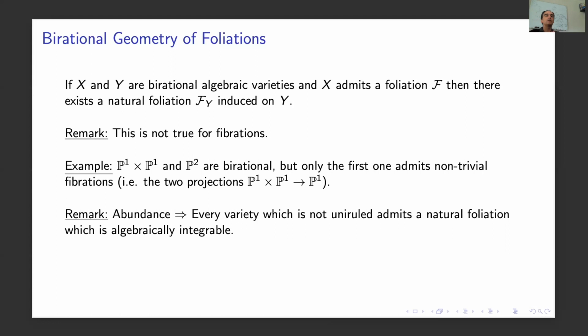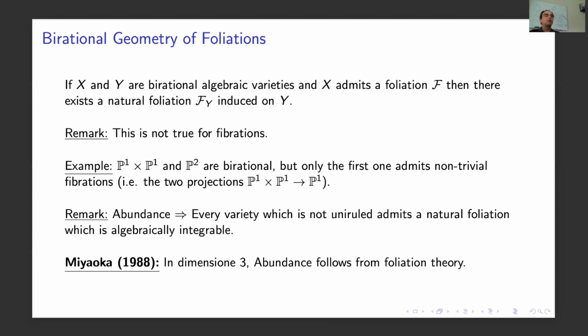Many open questions still need to be solved, but assuming that the conjecture is true, then we obtain this. The target variety admits a fibration, so in particular admits a foliation. And since the foliation can be induced on the birational model, the first variety also admits an algebraically integrable foliation.